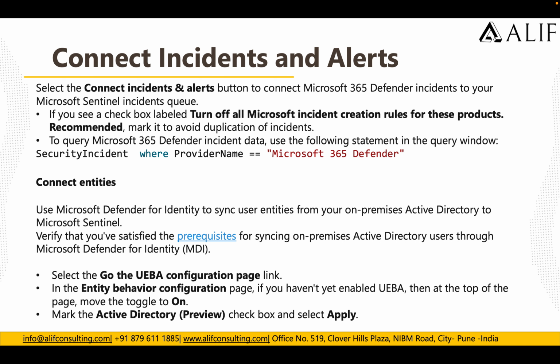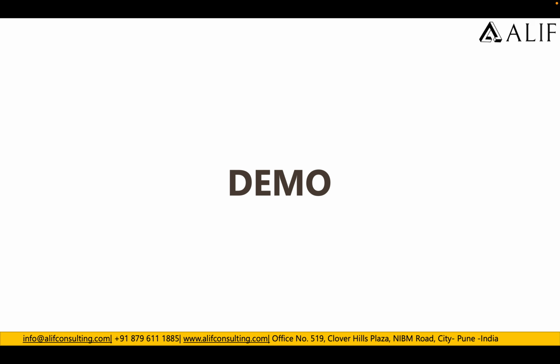Onboarding a tenant only happens for Azure AD. But if you have an on-premises Active Directory, you need to make sure you have an MDI sensor, also known as the Microsoft Defender for Identity sensor, installed on the Active Directory server, so that Sentinel can collect all of those logs directly from the server for further hunting and analysis, right?